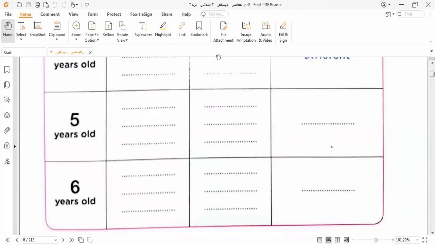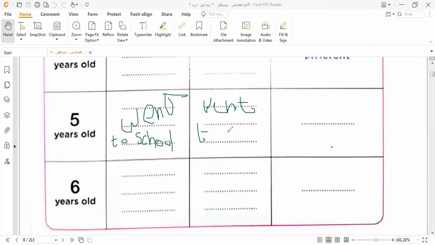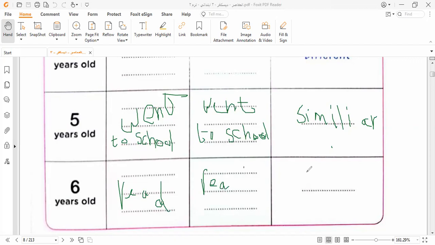Both went to school, it is similar. Both learned how to read, it's similar.